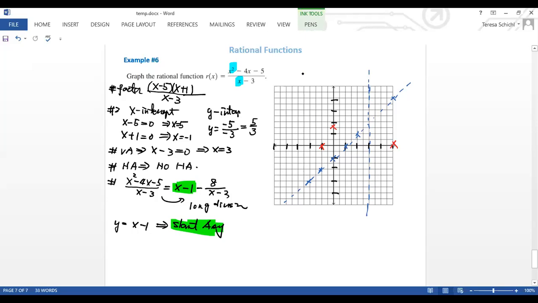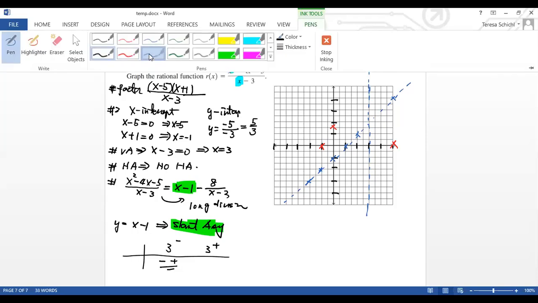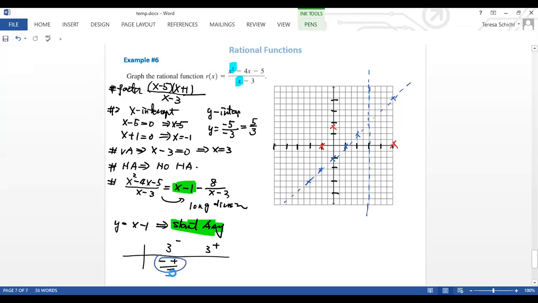All right, so now let's do that little table again to help us see. Because I only have one vertical asymptote, I check the left of 3 and the right of 3. If I approach 3 from the left-hand side, the signs are negative, positive, and negative, so that means this number is going to go to positive infinity.